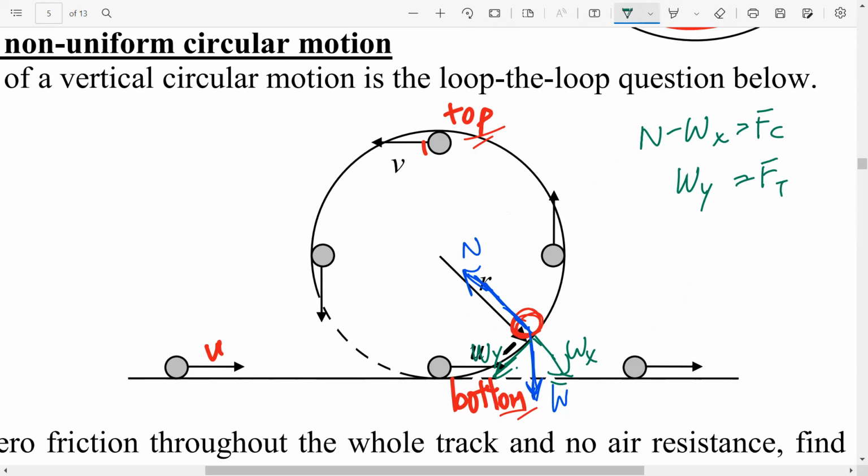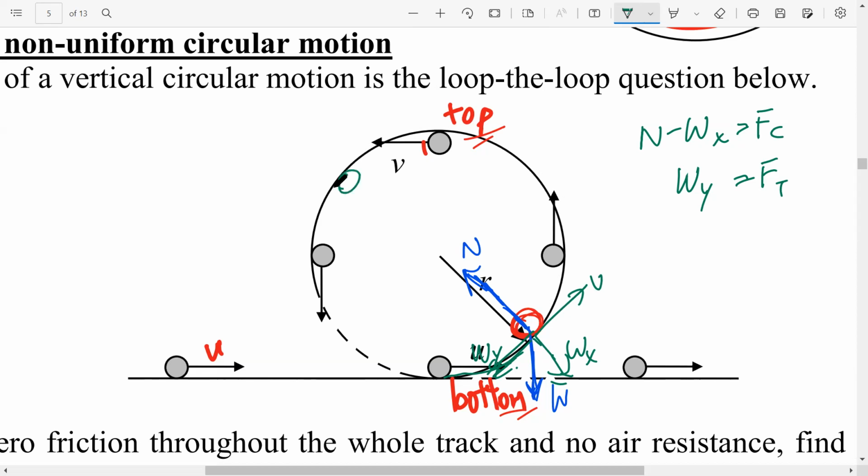So it causes it to slow down, because the force and the velocity are in opposite directions. The velocity is here, but the force is here. The same thing happens throughout this entire circle.